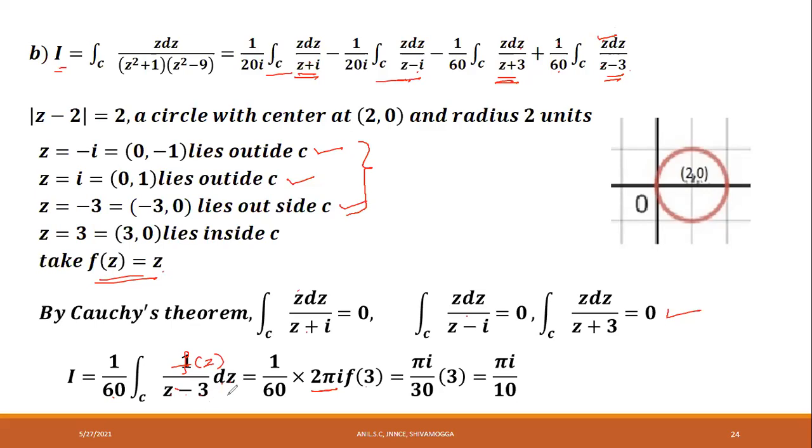Here a is equal to 3. 60 is exactly divisible by 3, 30 times. Therefore, pi i divided by 30 into f of 3. f of z is equal to z, therefore f of 3 is equal to 3. Therefore, 3 pi i divided by 30, which can be written as pi i divided by 10.